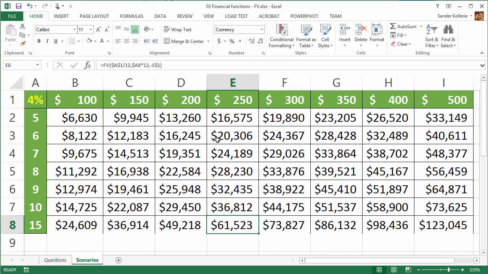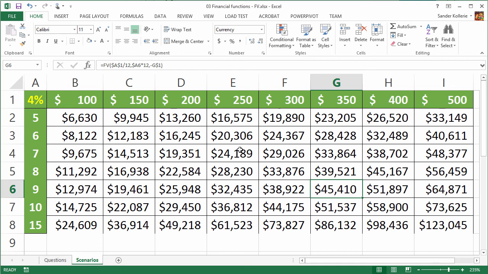And let's say that we want something like $40,000, well, we would need to look here or maybe here. We can do $400 and then we have it after 8 years. We could also do $350 and then we have to wait approximately 9 years, because we are over the 40,000 then.